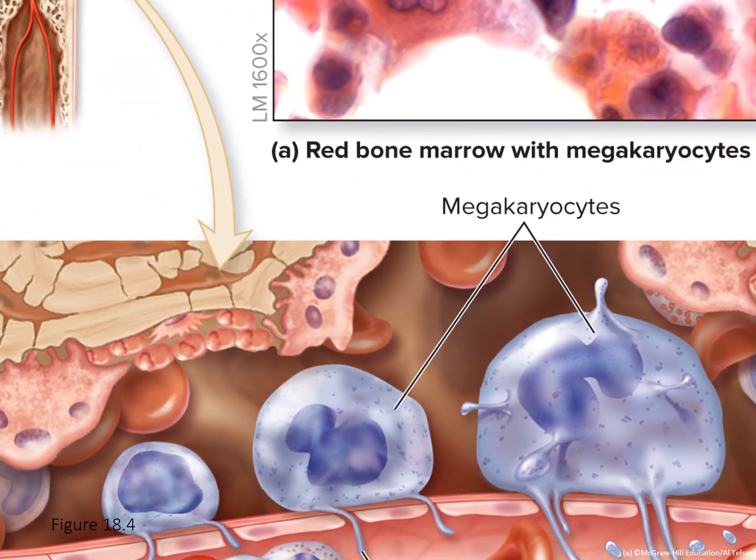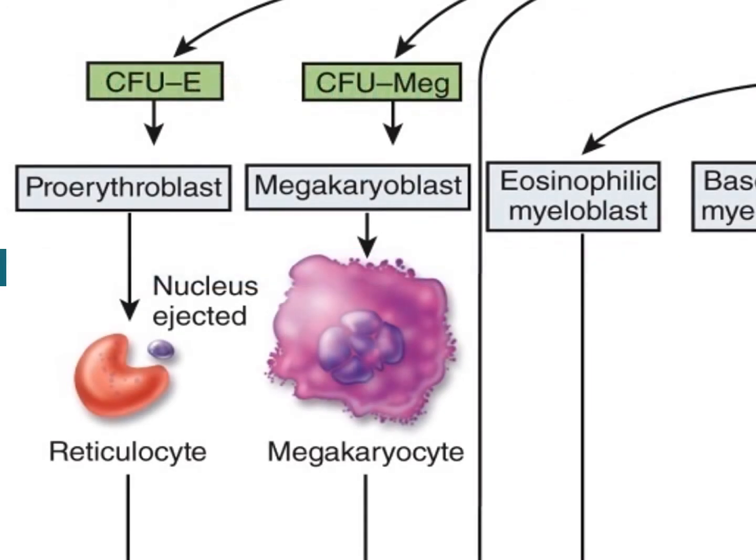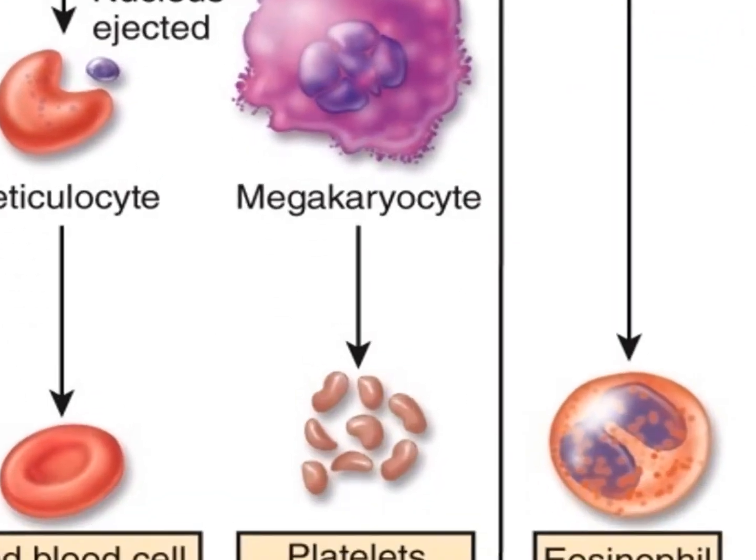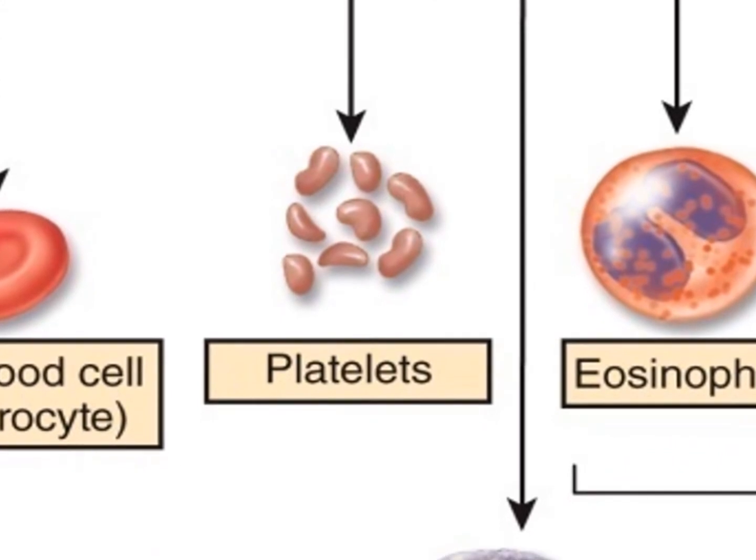So besides the red blood cells, the red bone marrow is also a source of the platelets. And it's the megakaryocyte that becomes the platelets. It differentiates from previous cells, such as the megakaryoblast, to become what are also called thrombocytes.